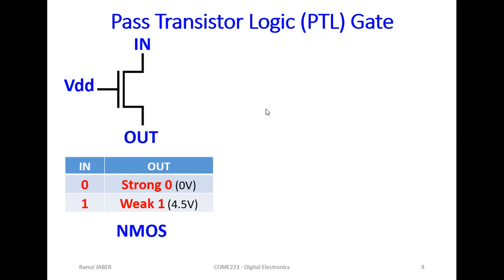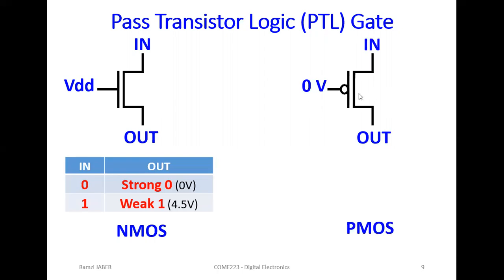Now, we can also replace the N channel by a P channel. With a P channel, if we put 0 volt or low on the gate, this P transistor will be turned on, else it will be turned off. Here, the golden rule of CMOS technology says the P channel must always be connected to the VDD, the power supply.